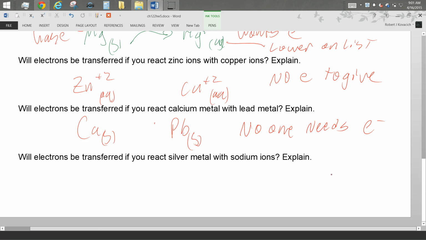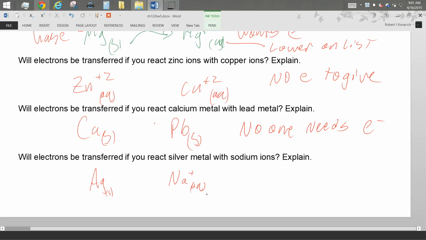And the last one here is I've got silver metal, and I've got sodium ions. Because the silver is a solid, does it have its electrons? Yes, so it could give them away. And because the sodium is not solid, it's aqueous, it's lost its electron.